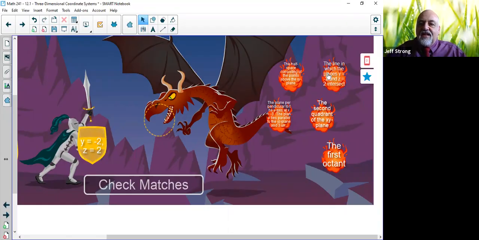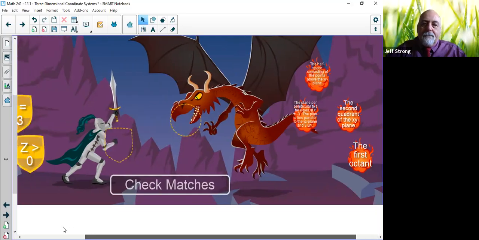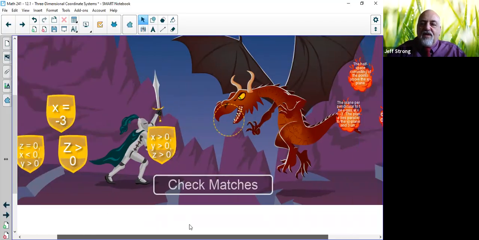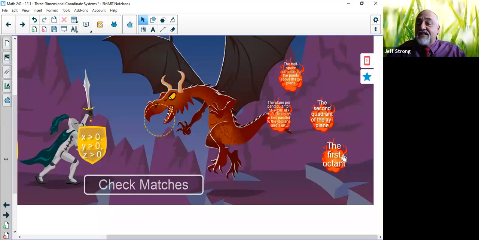Let's try that. Okay, now x is greater than 0, y is greater than 0, z is greater than 0. So they're all positive. So that would be the very first octant.